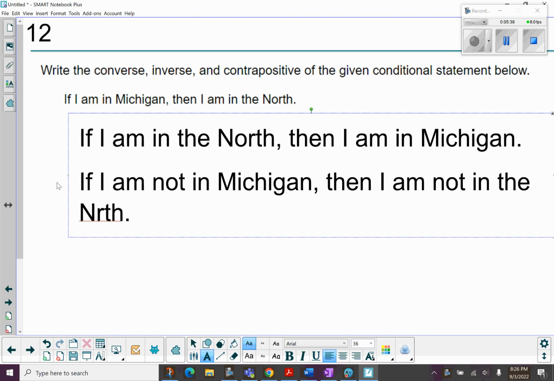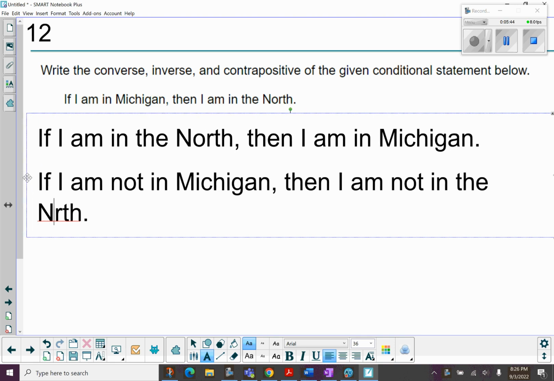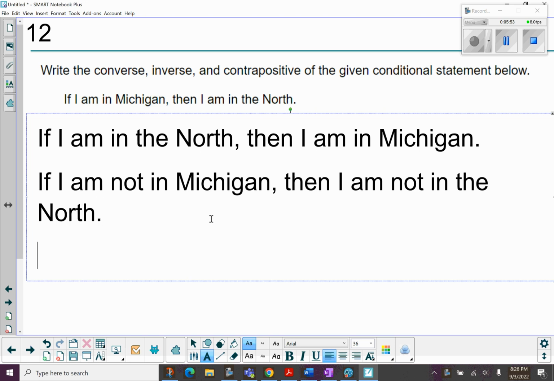So again, keep the order the same, just negate both parts.